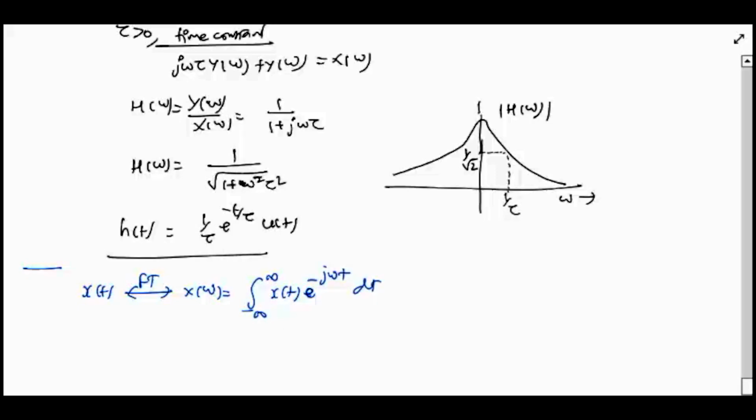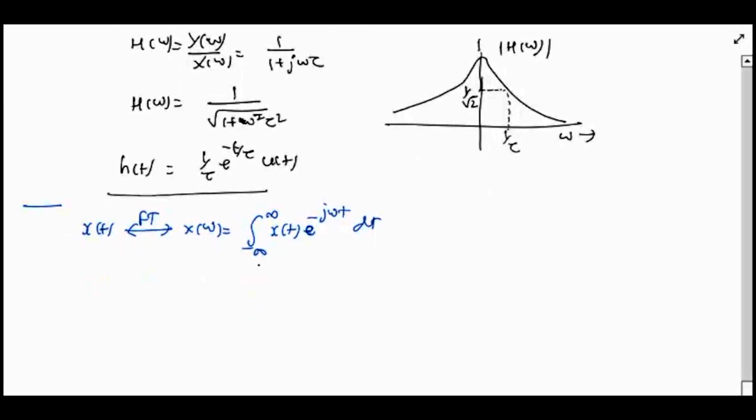This very definition raises a few questions. For instance, when does this integral exist? Are there any sufficient conditions for the existence of this integral? What happens for x(t) for which this integral does not exist? So let us try to answer a few of these questions.